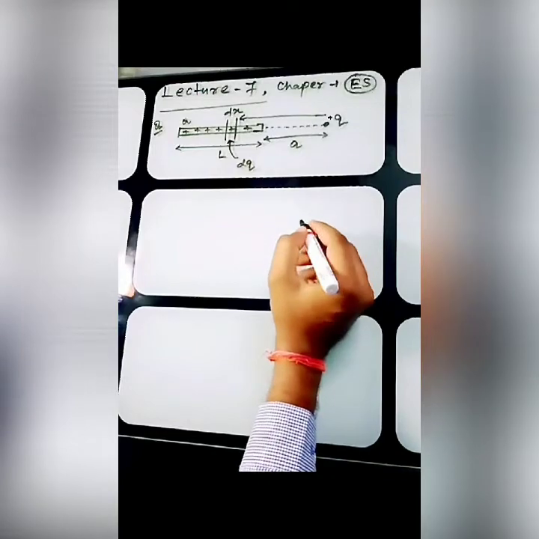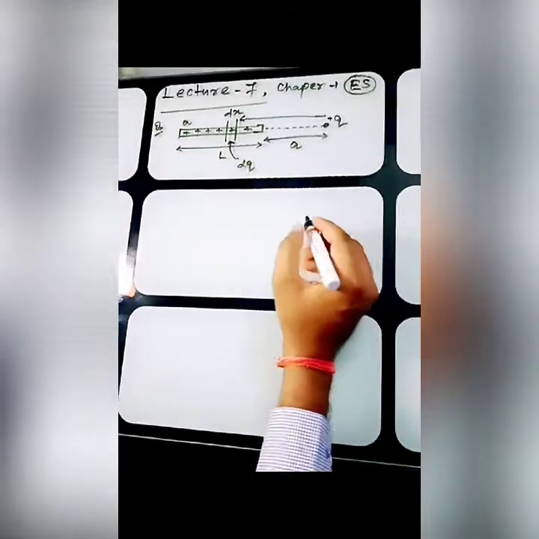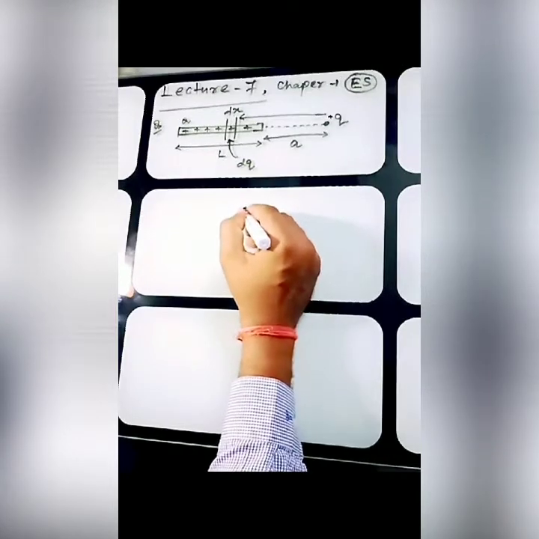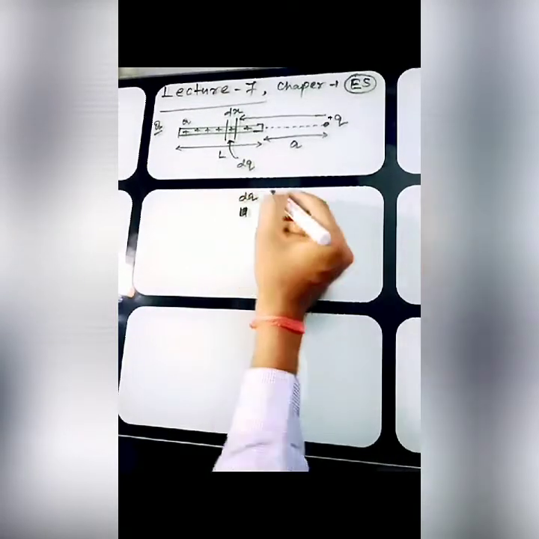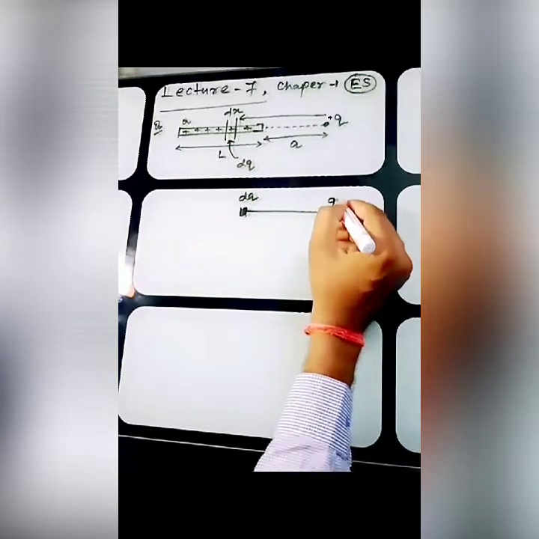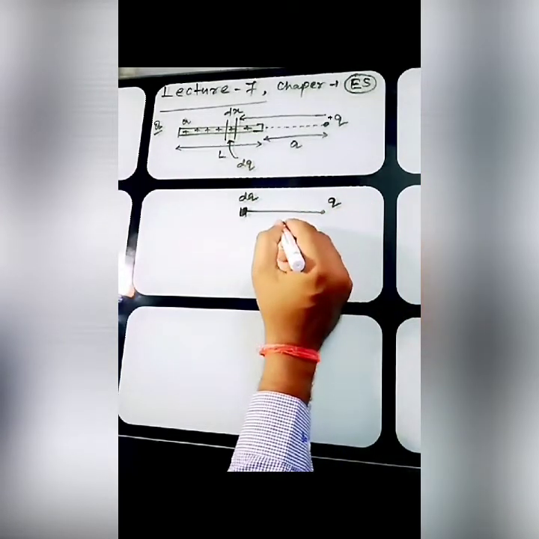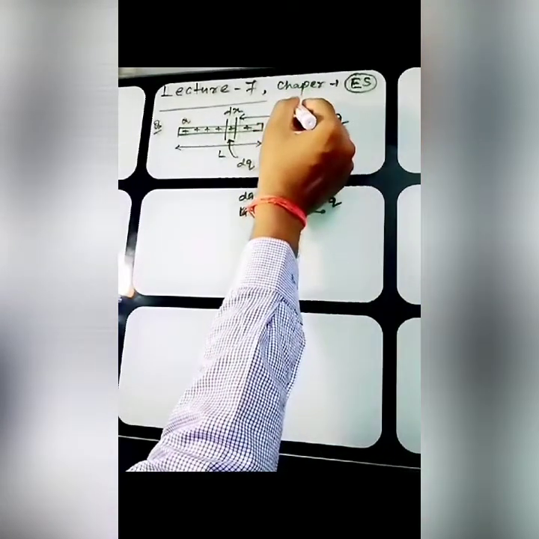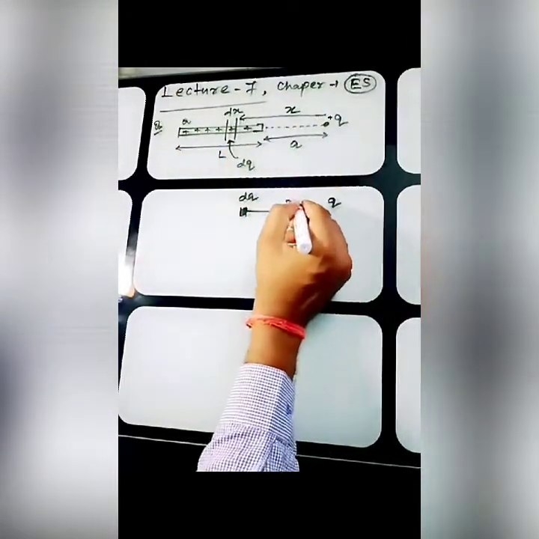Now we have two point charges: one is dq and the other is q. These two charges are separated by a distance x.